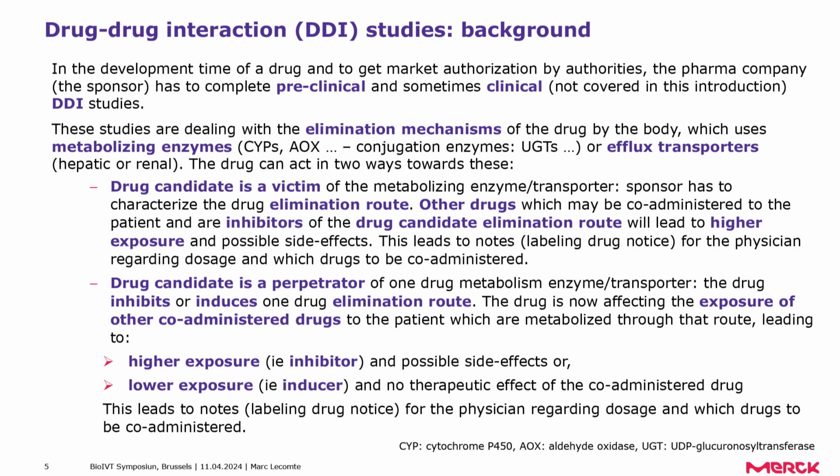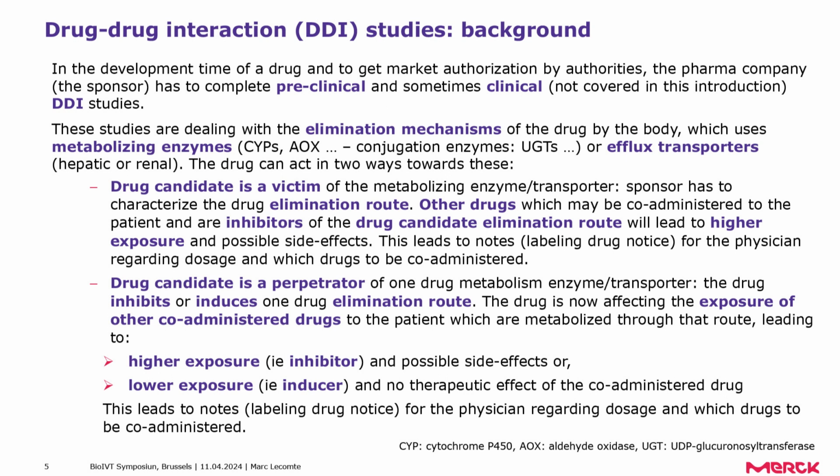These studies deal with the elimination mechanism of the drug by the body, which uses metabolizing enzymes, CYP450, AOX, or other conjugation enzymes, or efflux transporters, which can be hepatic or renal.